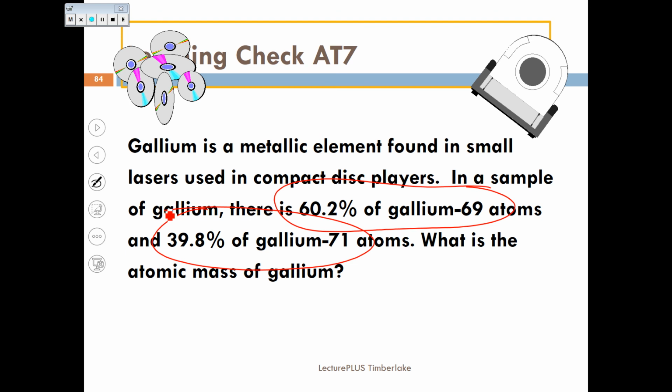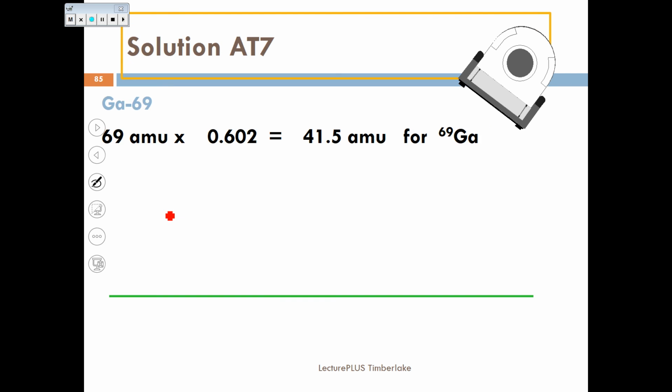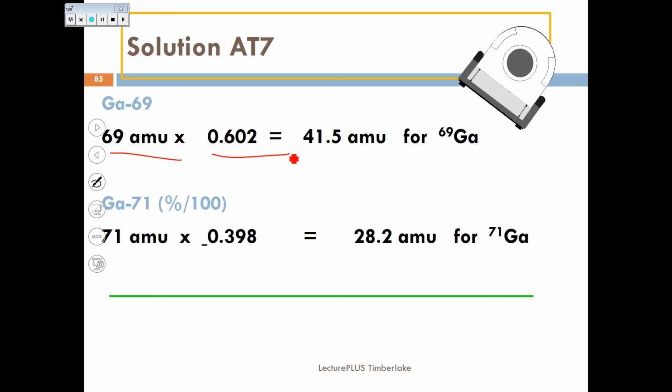The way you would calculate this is the following. You would take the mass of isotope 1 times its percentage, multiply it together, do the same thing for gallium-71 times its percent, and then simply add the 2 together, to get 69.7 AMUs.